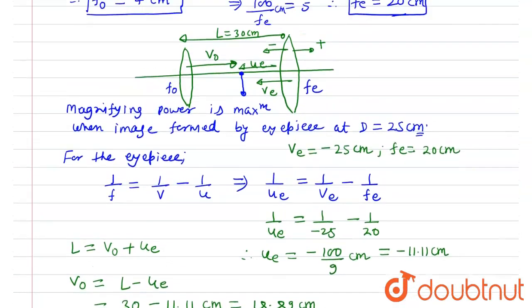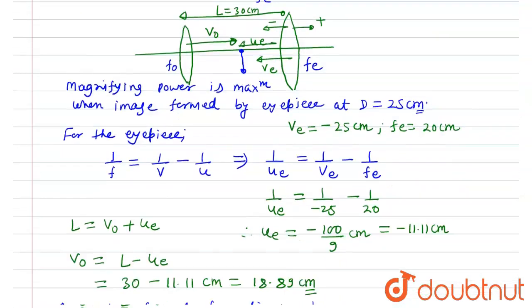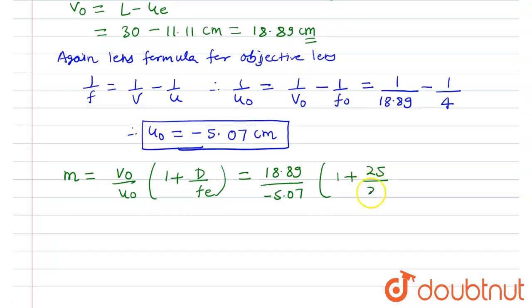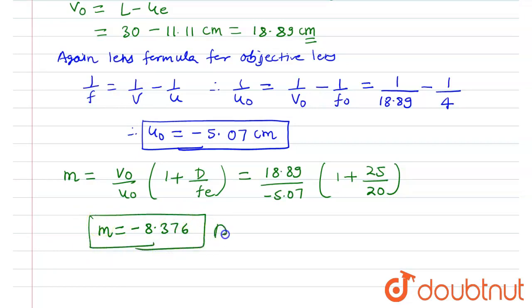Fe is 20 centimeter. So from here the magnification will be equal to minus 8.376. So this is the magnifying power and this is the solution of this problem.